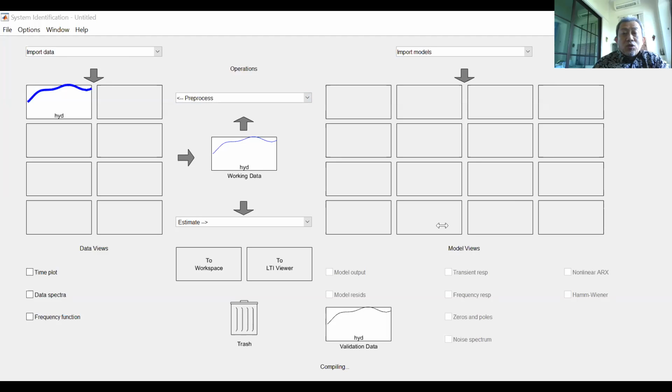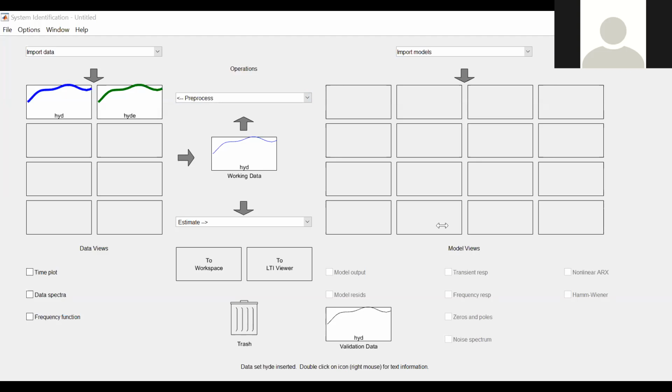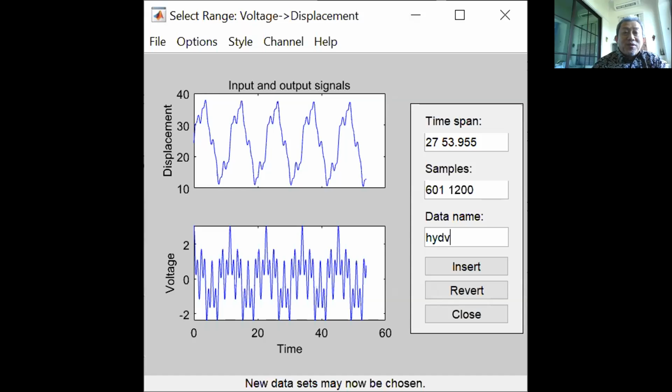Estimate untuk 600, dan lagi 600 seterusnya 601. Tak nampak? Sorry. Nampak? Tadi saya dah buat dah. Jadi insert. Okay, ini adalah select range pada pre-processing.